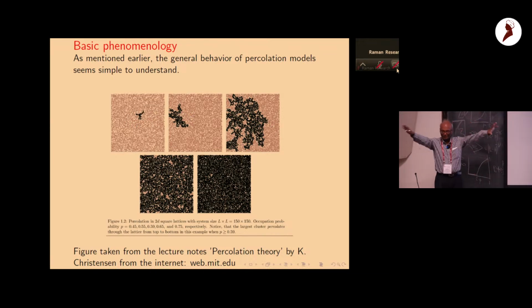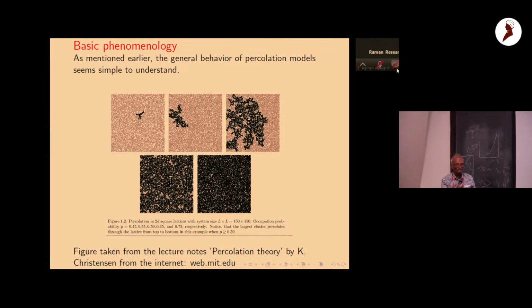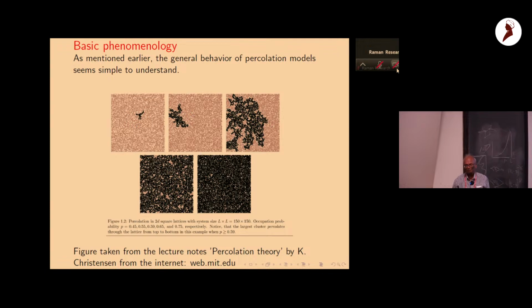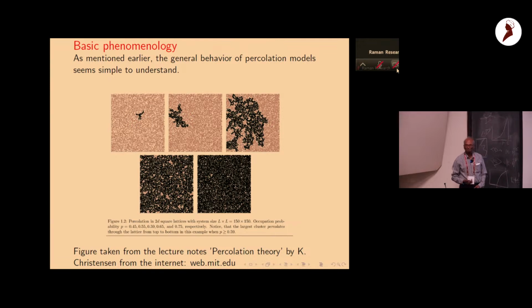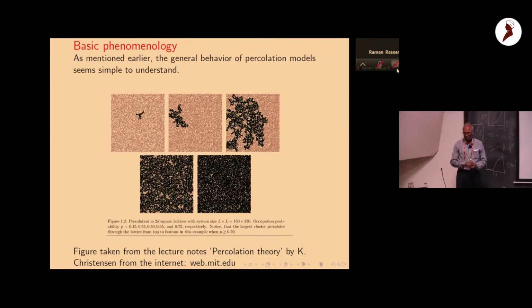But there are 1 million nodes and there are some connected links, and I can define the size of the cluster containing this particular site. And then I can ask what the mean cluster size is, what the exponents are. It is still clear that this phenomenology will continue to work, even on social networks. And I will define something called gamma, nu, beta, and what are the values for this, my particular favorite model.